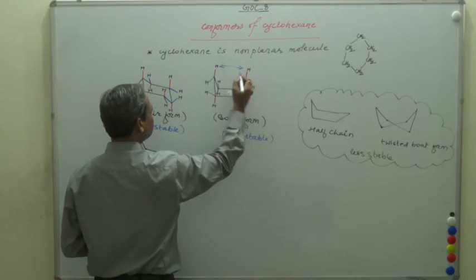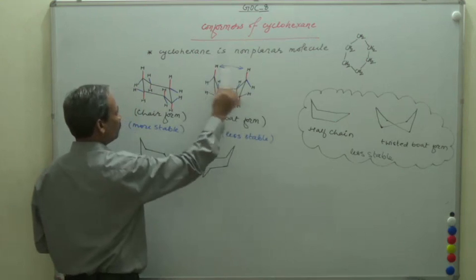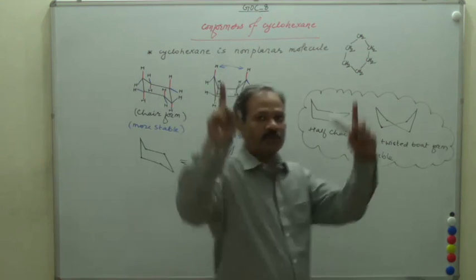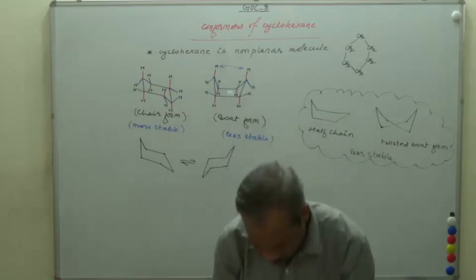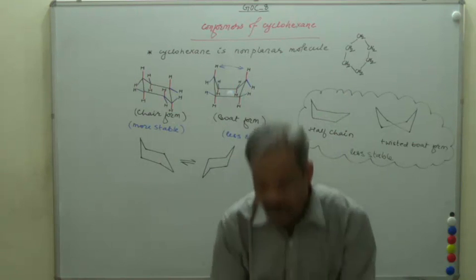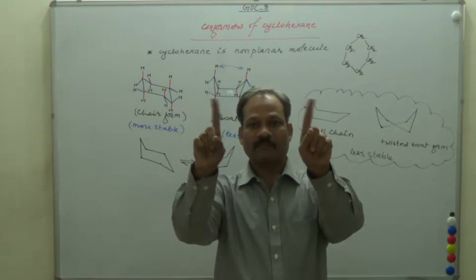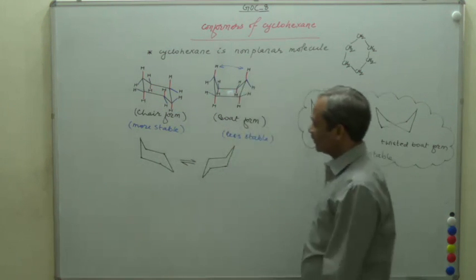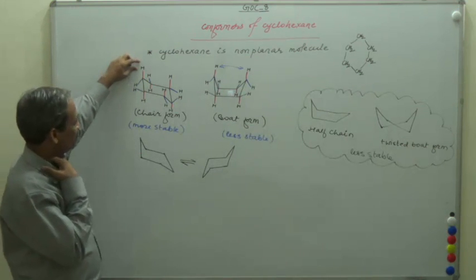These two positions in boat form, like 1, 2, 3, 4, the 1 and 4 positions, are flagpole positions. And there is a strong repulsion between the hydrogens of these flagpole positions. And there is less repulsion between these positions.